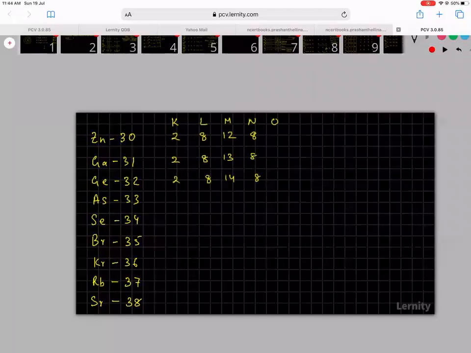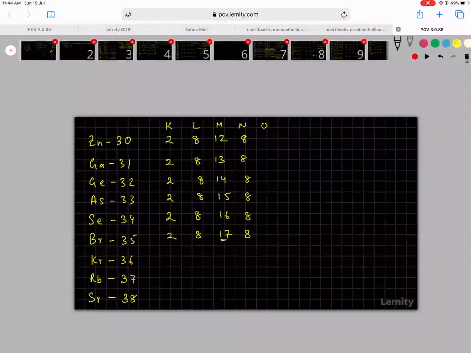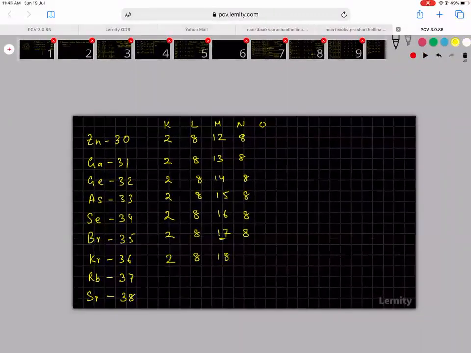In arsenic, you have 2, 8, 15, 8. Then selenium, you have 2, 8, 16, 8. In bromine, you have 2, 8, 17, 8. Now you see this is filling up. The maximum in M is how much? 18. So in case of krypton, it becomes 2, 8, 18, 8.